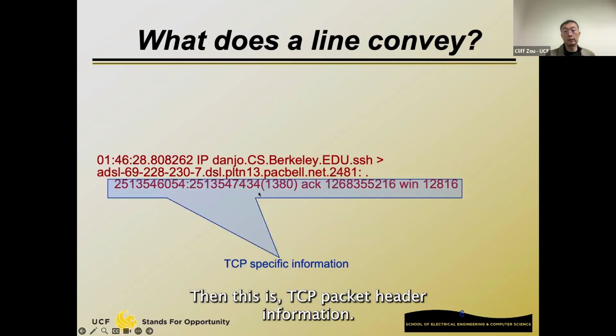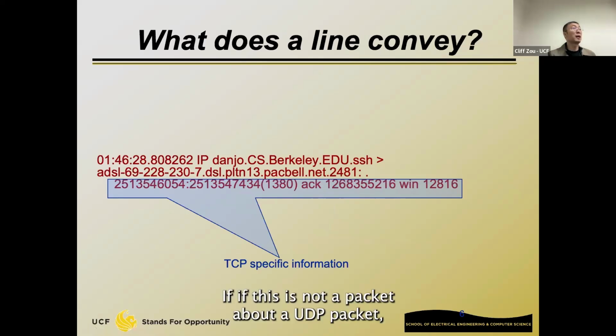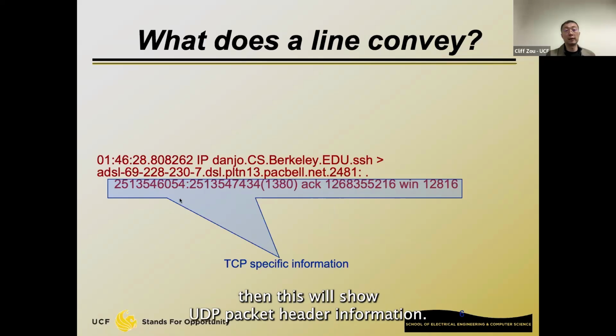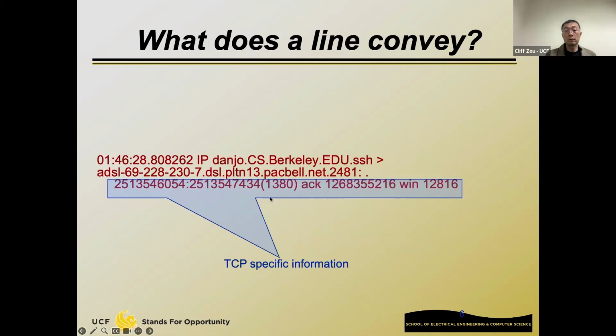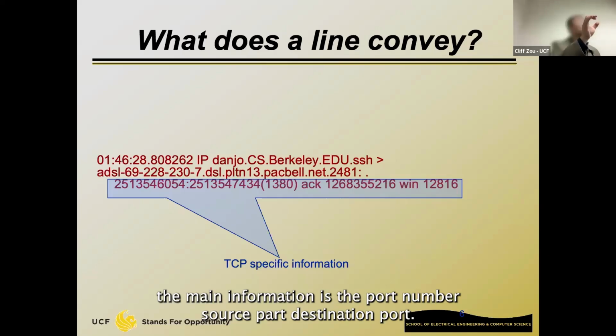Then this is the TCP packet header information. If this is not a TCP packet but a UDP packet, then this will show the UDP packet header information. You can see that this is the sequence number. This is the acknowledge number. Remember, for a TCP packet, the main information in the packet header is the port numbers, source port and destination port.